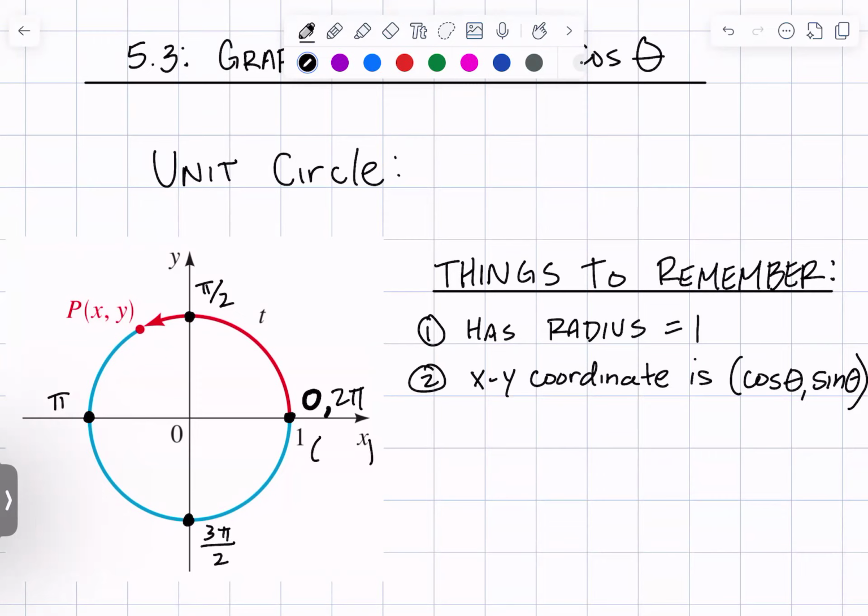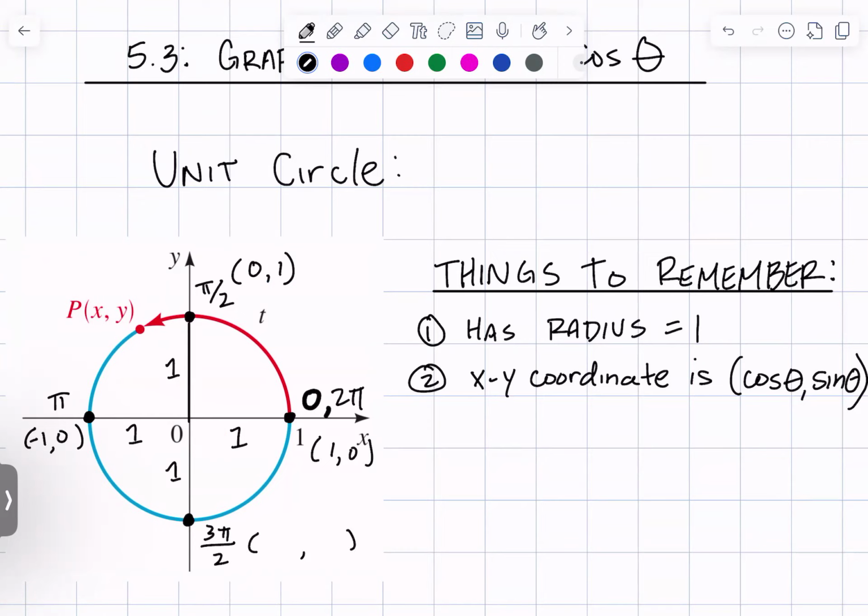The coordinates here is 1 comma 0. Here is 0 comma 1, right? Because our radius is 1. So you have to know that the radius is 1 all the way throughout this circle. Then this coordinate here at pi is negative 1 comma 0.